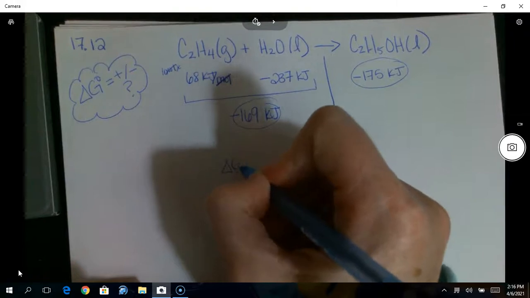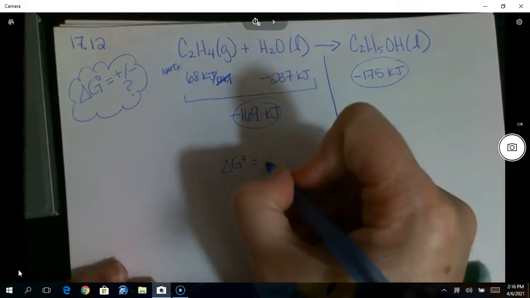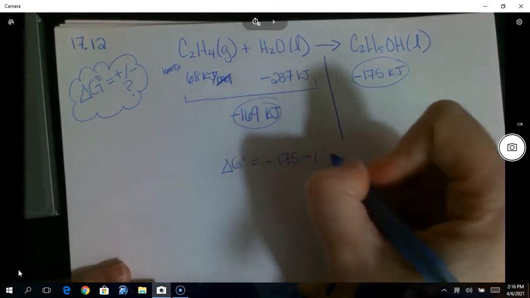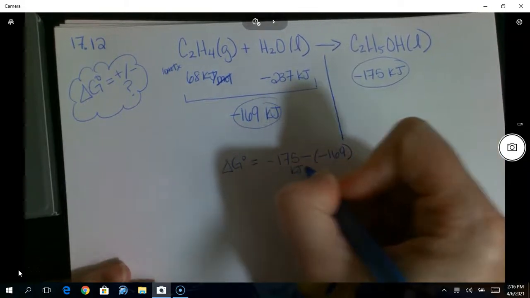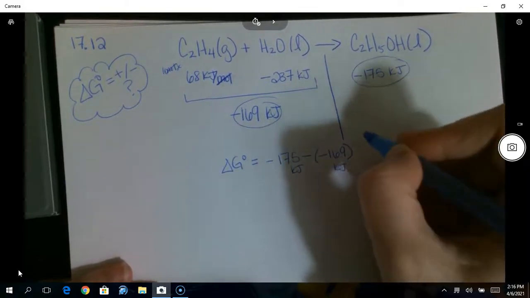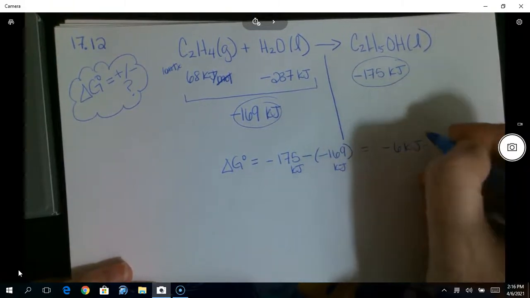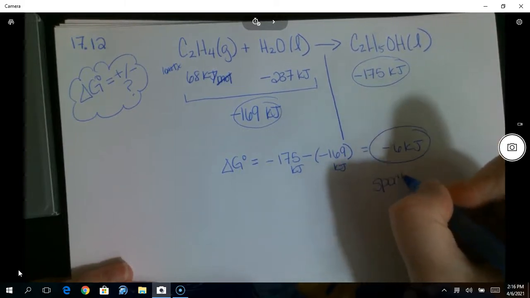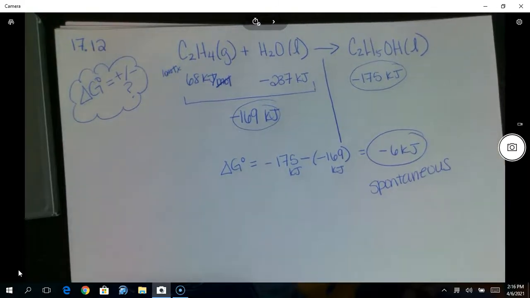So delta G under standard conditions, and these are all formations under standard conditions, negative 175 minus my initial. These are both kilojoules. So overall, this is negative 6 kilojoules. So this is spontaneous. Our chemical engineer is in luck. It is spontaneous under standard conditions.